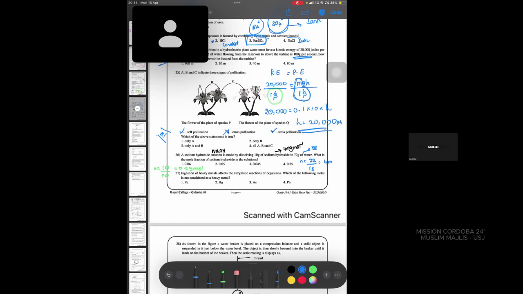So now what is the question asking? Mole fraction of sodium hydroxide. That will be the number of moles of sodium hydroxide divided by the number of moles of solution. What are the things you have in your solution? Solute and solvent. What is the solute here?